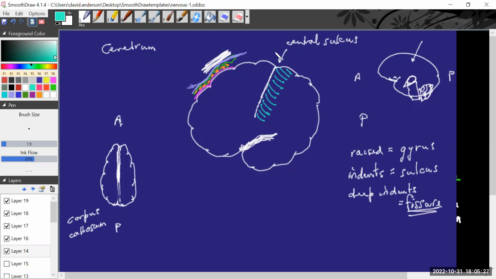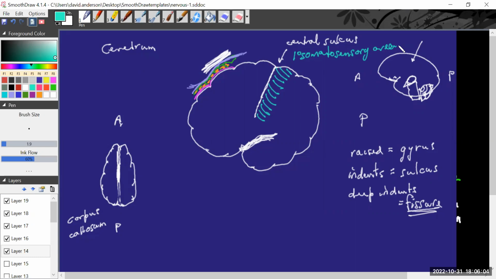And more importantly than remembering that, the post-central gyrus is the location for neurons responsible for somatic sense. So this area is called the primary somatosensory area. Remember earlier today I said if it has that word soma in it, it's body. So this is body sense.